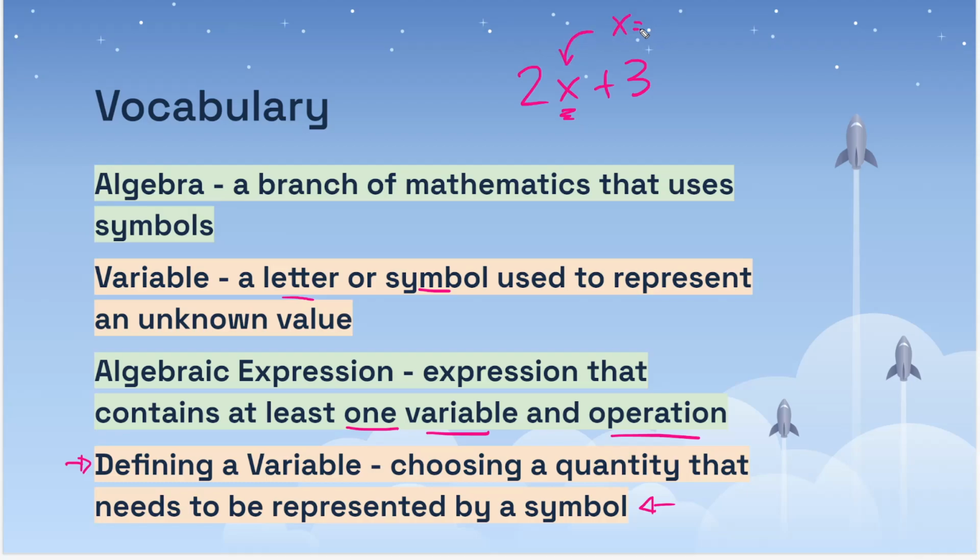X we'll say is the number of peanuts in a can of trail mix. So the number of peanuts in a can of trail mix times 2 plus 3, it equals something. We don't know what. All right, let's move on.